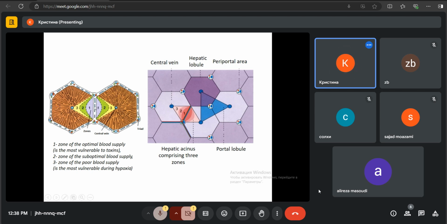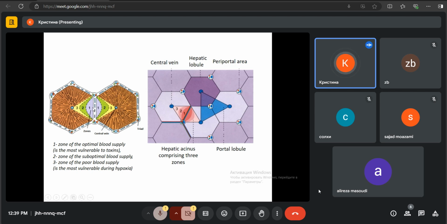And so the blood will flow from these circumlobular blood vessels to sinusoidal capillaries, this way. So blood first will come to the hepatocytes of zone 1, then to hepatocytes of zone 2, and only then to hepatocytes of zone 3.